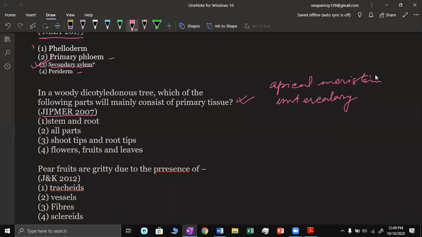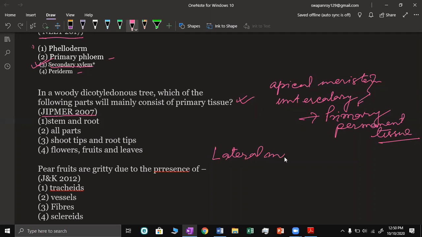These give rise to primary permanent tissue. Secondary tissue is produced by lateral meristem, that is vascular cambium and cork cambium.